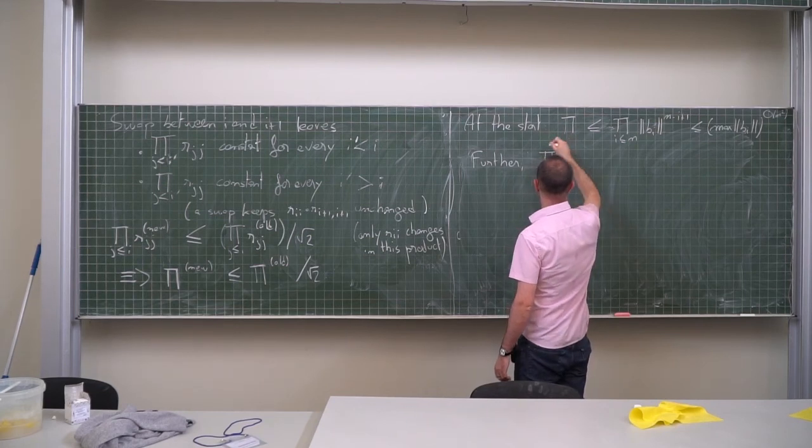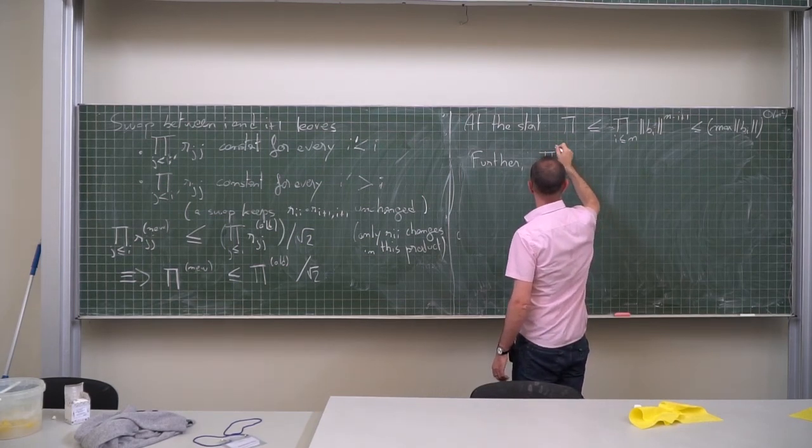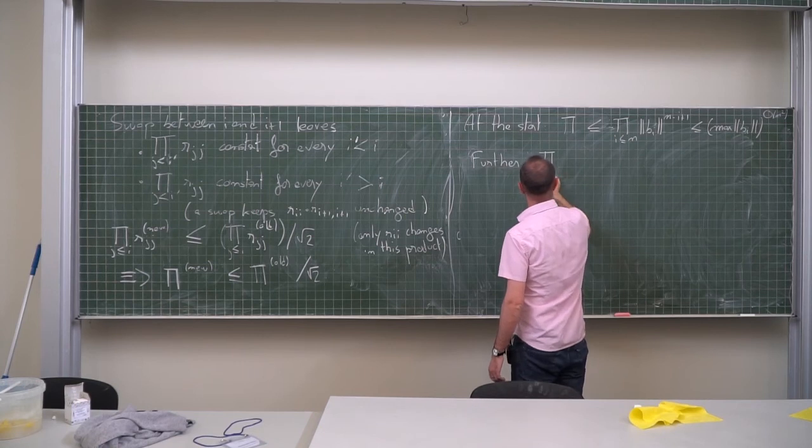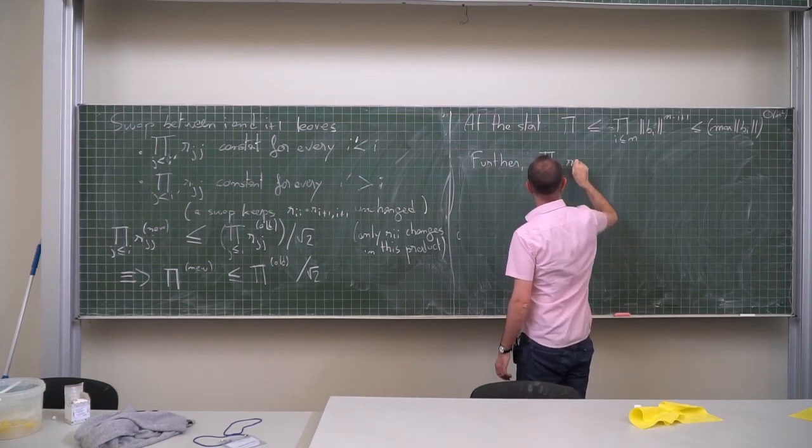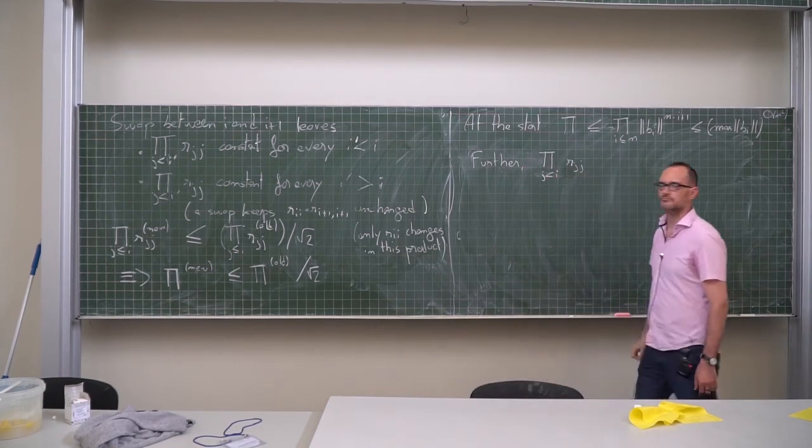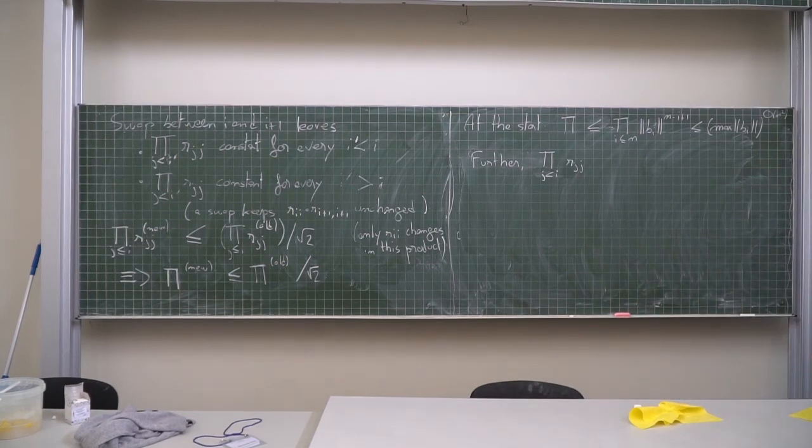Look at the product for j smaller than i of the R_jj. So what is this one? It's the determinant of the lattice spanned by the first i vectors.